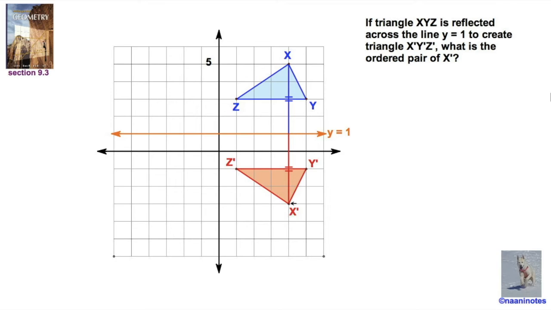So you could just count them out, or you could do your integer arithmetic, and you're going to say 1 minus 4, negative 3 for the y. For the ordinate, the abscissa, of course, 1, 2, 3, 4. So it looks like it's going to be 4, negative 3.